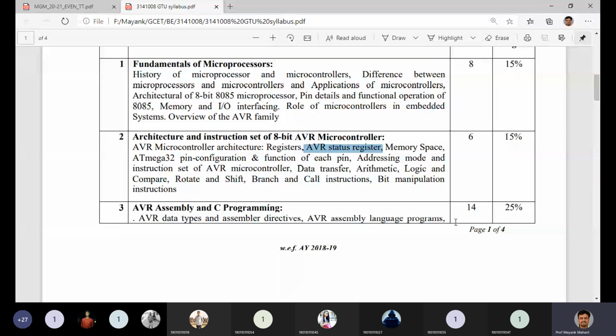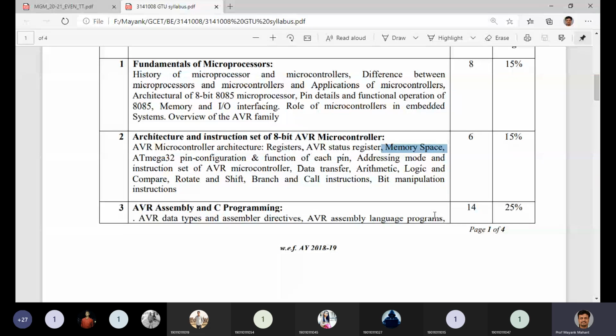Okay, now we will also be looking into the memory space. Already we know that any processing unit, whether it is a microprocessor or controller, requires a memory. Generally we have two types of memory. One we call a permanent memory, another we call a temporary memory.